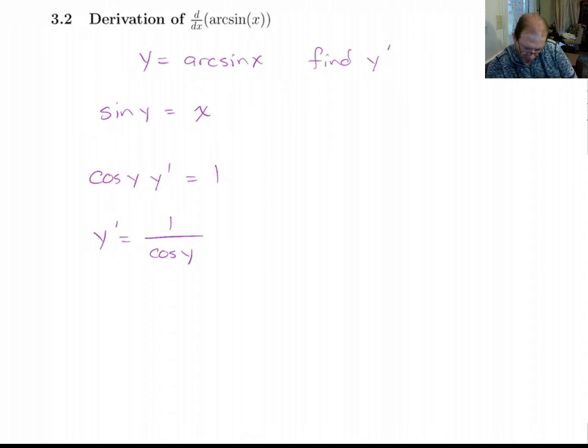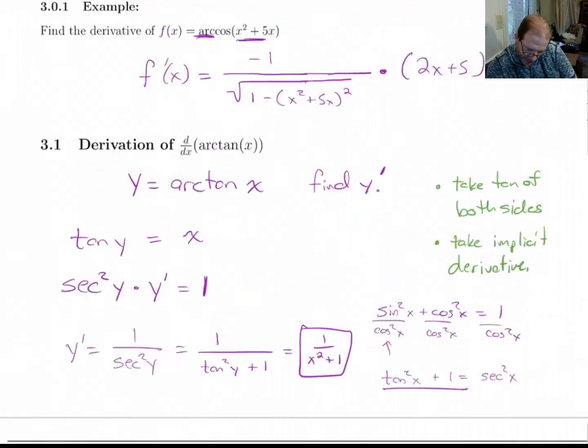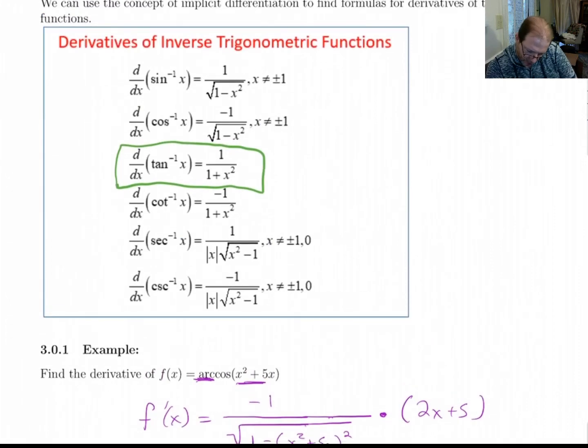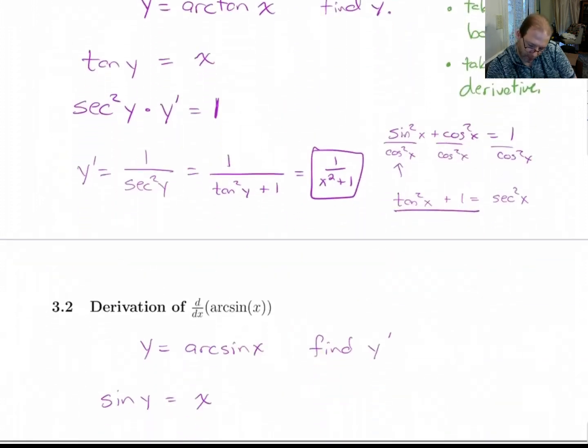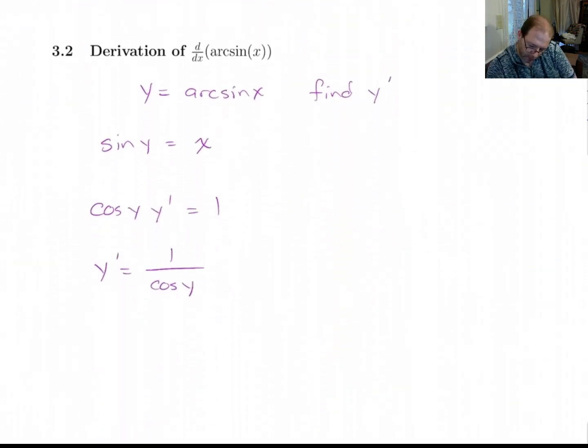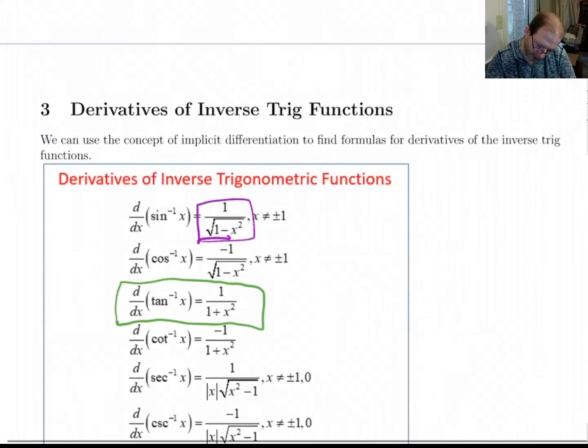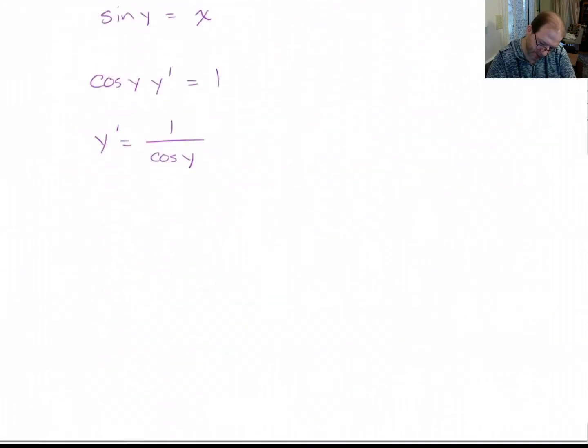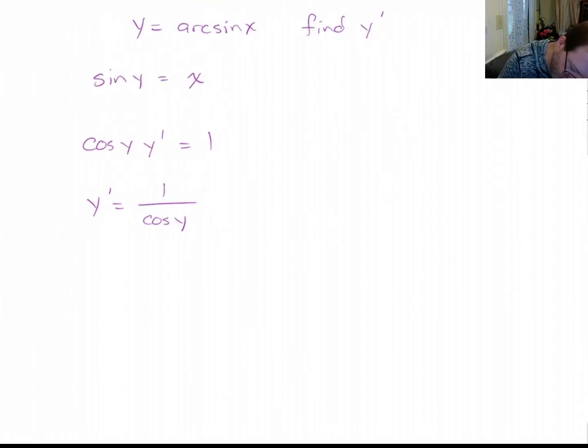There's nothing wrong with what I've got here, but I need to change this into the formula up here. We're aiming for the square root of 1 minus x squared, so the Pythagorean identity is going to help us again.